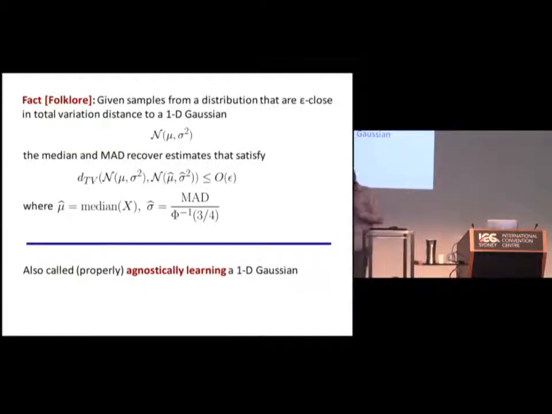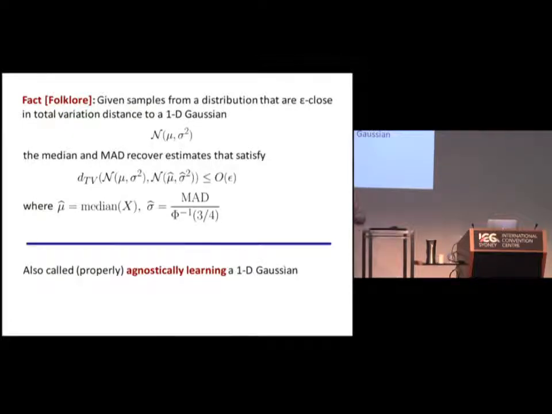Now just to introduce one more piece of nomenclature. I'm a theoretical computer scientist, and a lot of these questions are studied within theory as well. What this is sometimes called is proper agnostic learning of a 1D Gaussian. Let me walk you through this. It's an agnostic learning algorithm because we're no longer assuming that our samples really do come from a Gaussian.